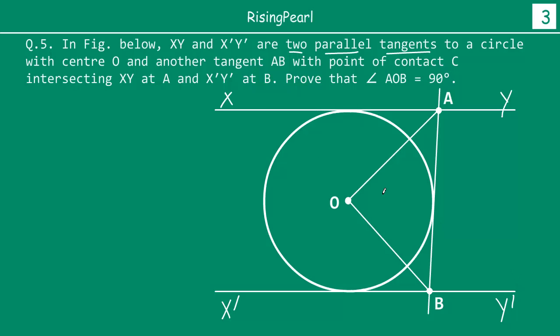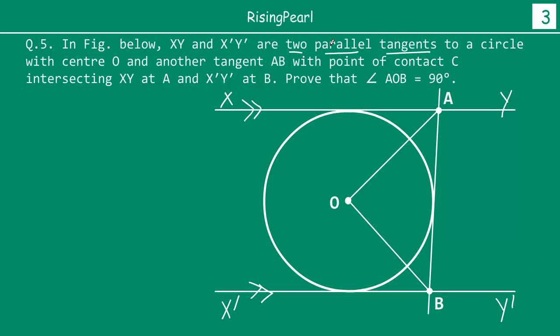So the unique thing about these two lines is that XY is a tangent to circle O and X'Y' is also a tangent to circle O. But these two lines are actually parallel to each other. That is a very interesting observation.